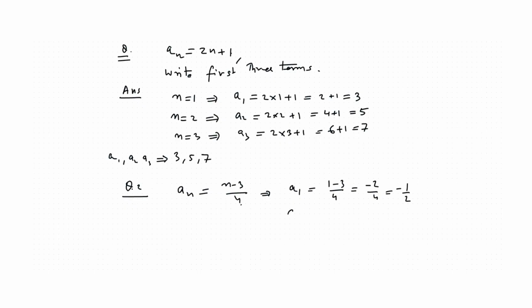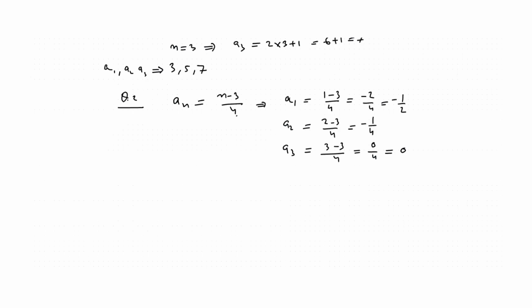A2 would be (2 minus 3) upon 4, minus 1 upon 4. A3 would be (3 minus 3) upon 4, 0 upon 4, or simply 0. So we got three terms, A1, A2, and A3. Similarly, we can have plenty of similar questions.